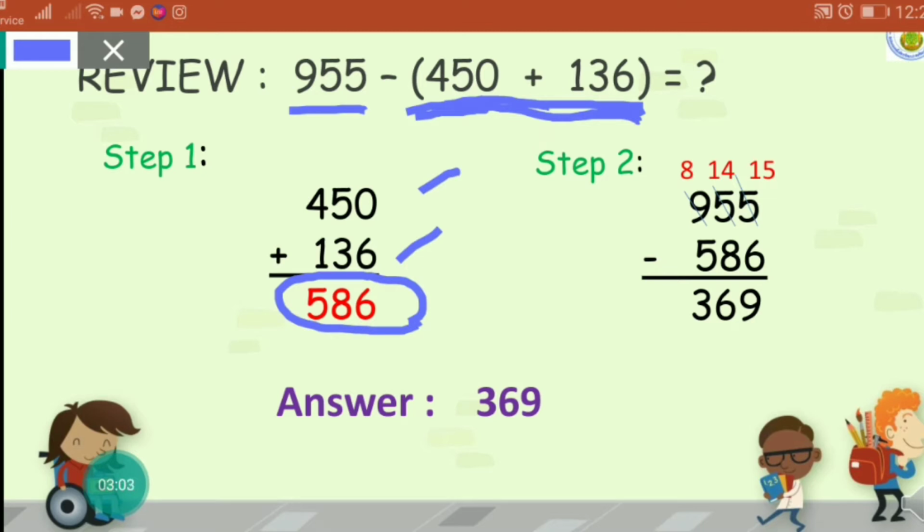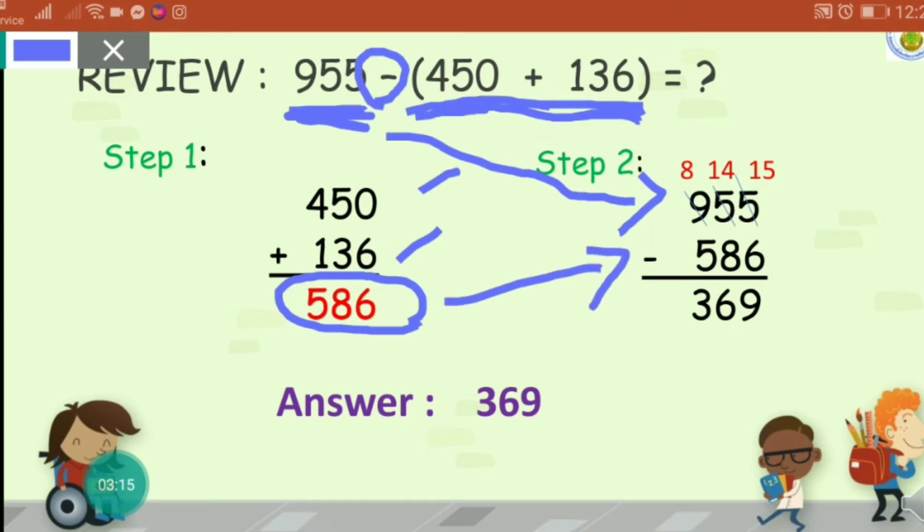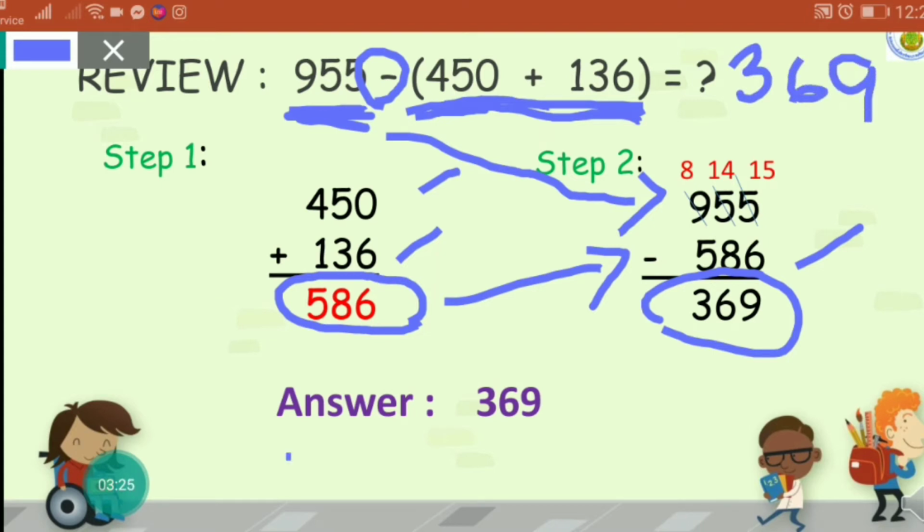And then, of course, step number 2, we're going to minus. 955 minus, because it says minus, 586. So we got the answer 369. So our answer here is 369.